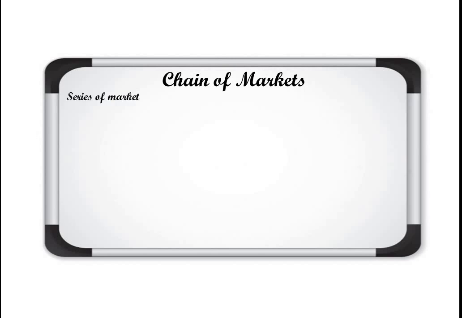The next is chain of markets, a very important thing. Just see, a series of markets is connected like a chain as a product passes from one market to another. When a particular chain is made, from producer to final consumer, those who are in between have made the chain.